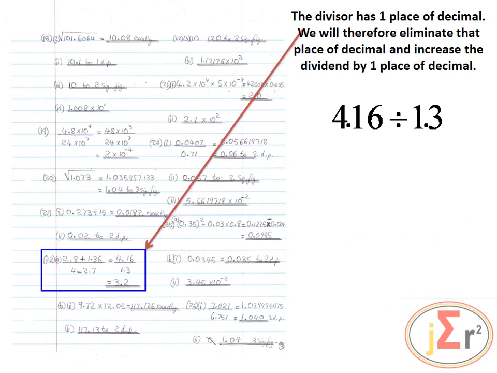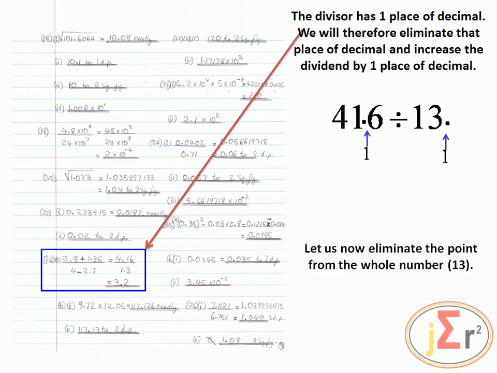Exciting long division. The divisor has 1 place of decimal. We will therefore eliminate that place of decimal and increase the dividend by 1 place of decimal also. So the divisor, 1 place of decimal, eliminate that. And also increase the dividend by 1 place of decimal.